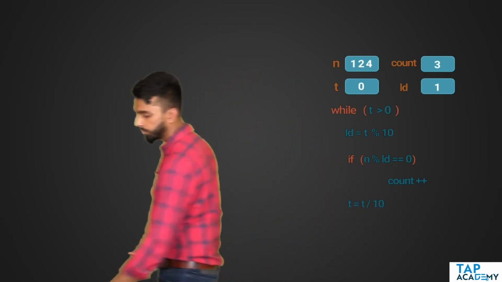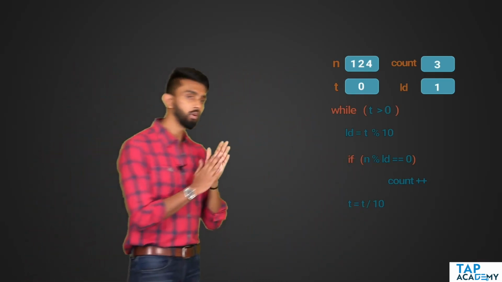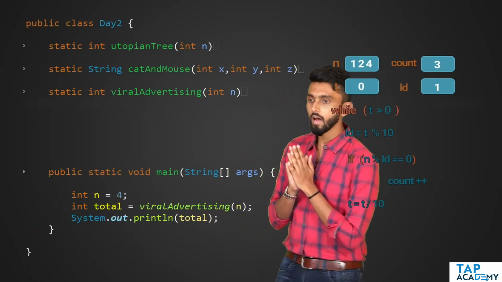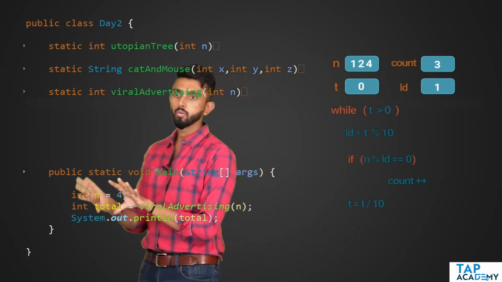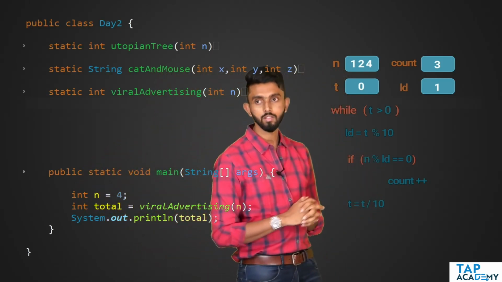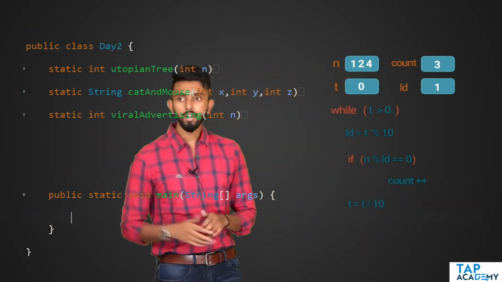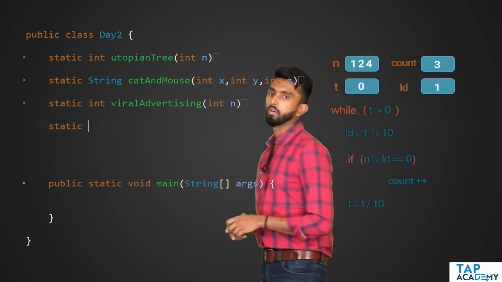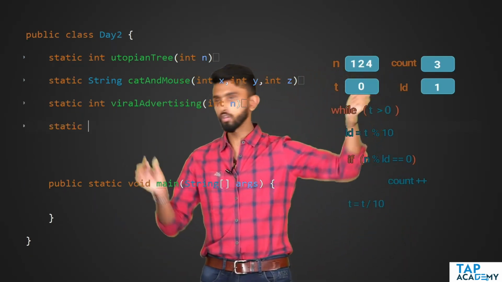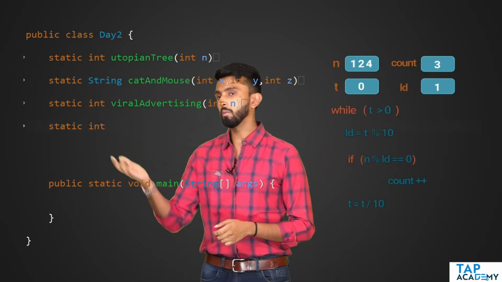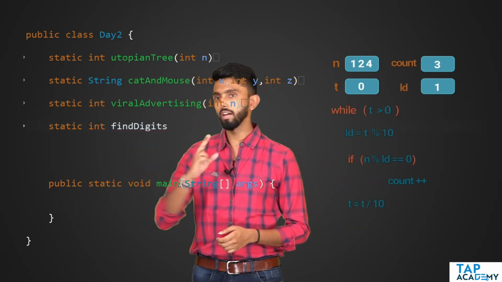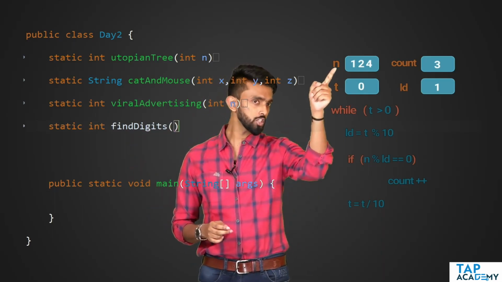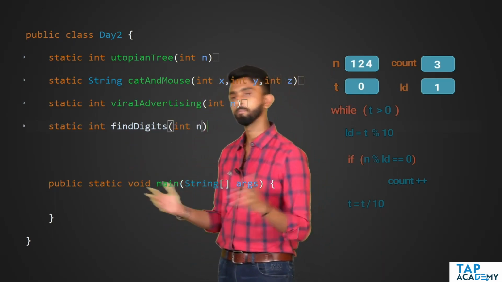Let's quickly write the code. So now what I am going to do here is I will delete whatever is there inside this main method. I will write static, and what we will be returning is after all a count, so it is an integer. Name of the function, whatever we copied, findDigits, what it must accept is just this n value, so int n.